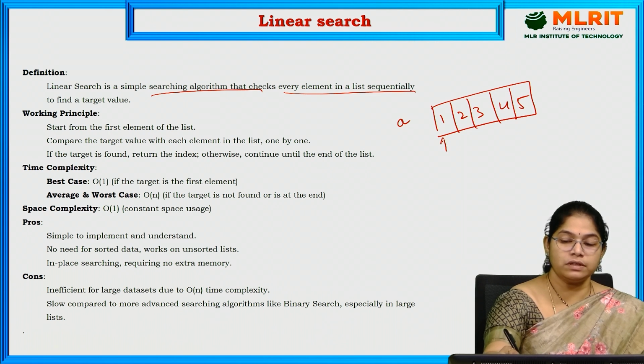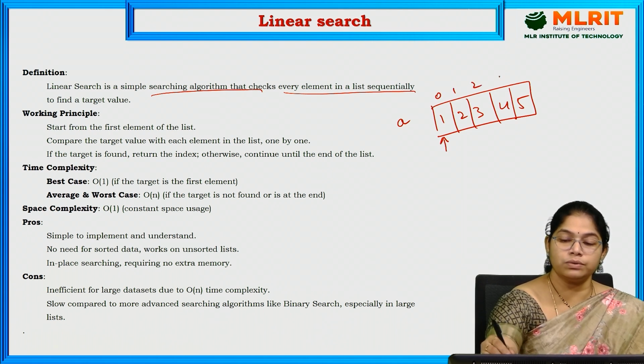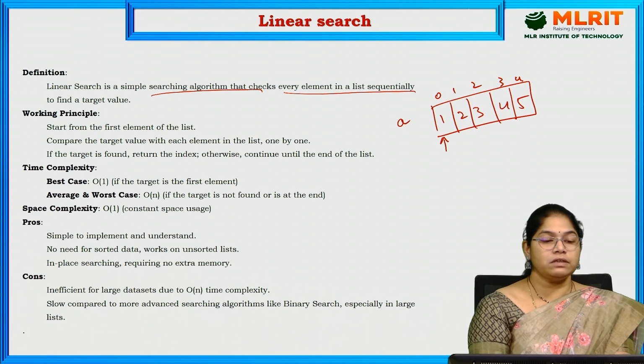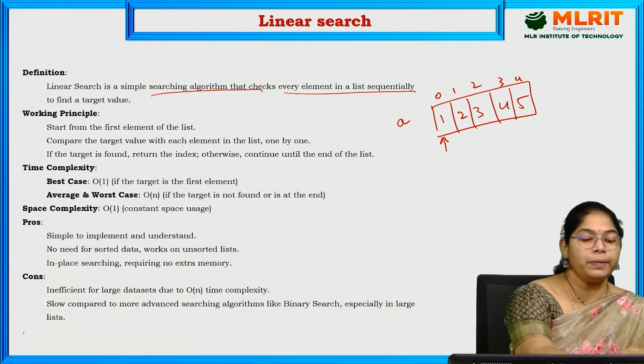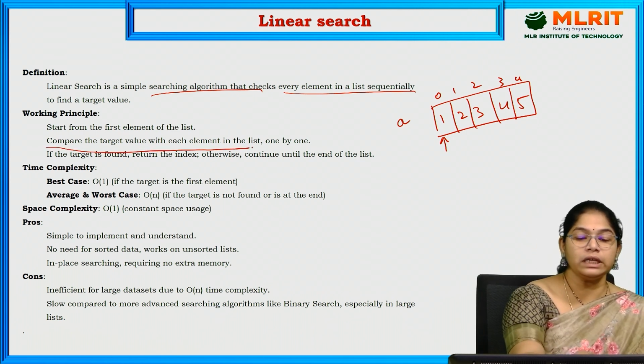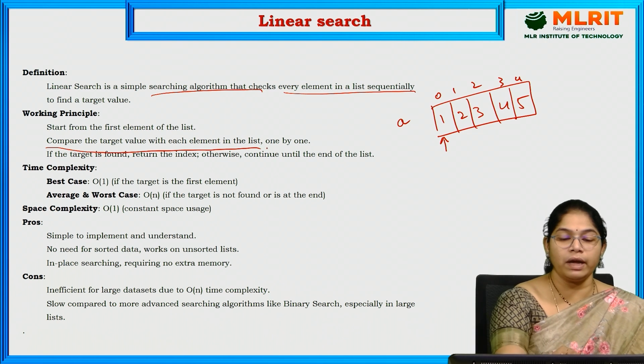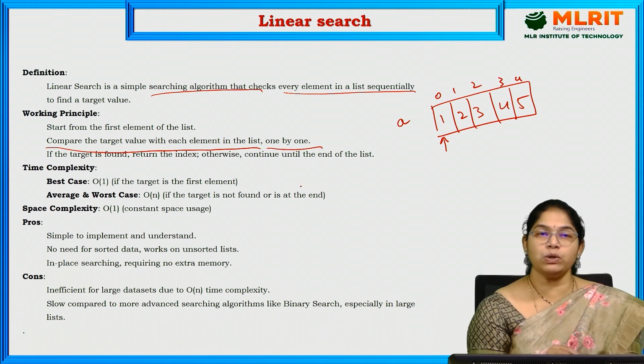This is the first element, with indexes 0, 1, 2, 3 and 4. It will search until it gets the target element, comparing the target value with each element in the list one by one. That's why it is called sequential.